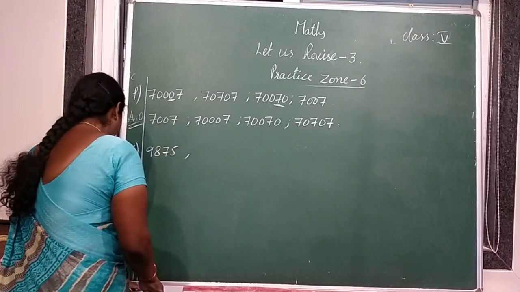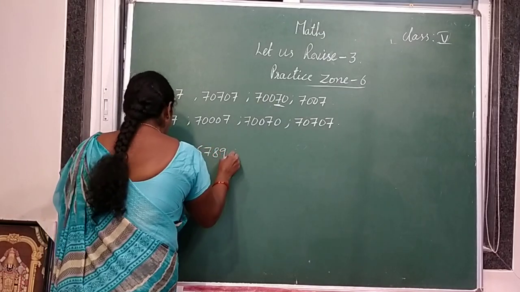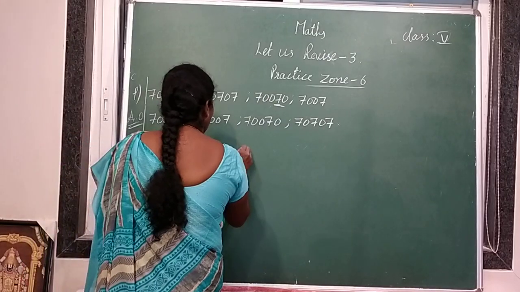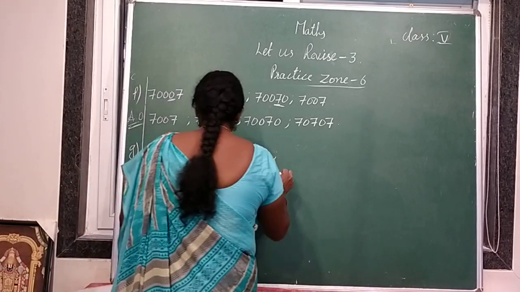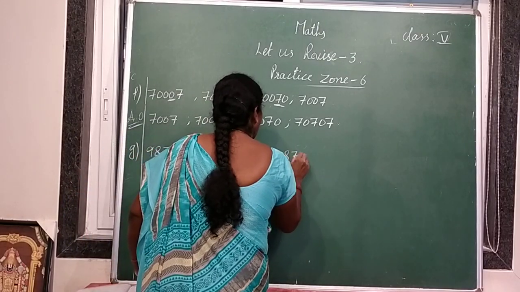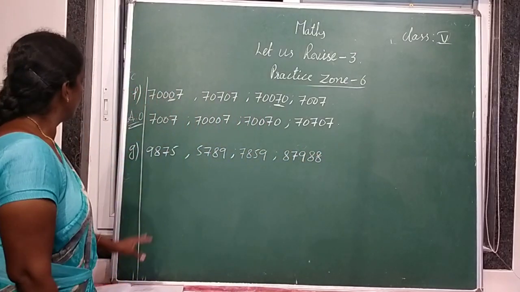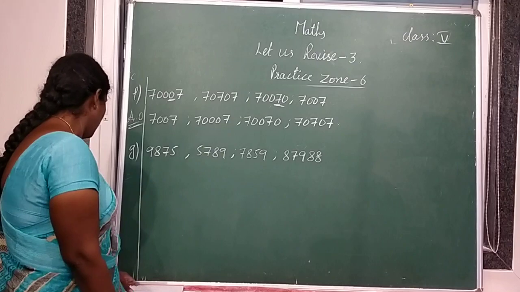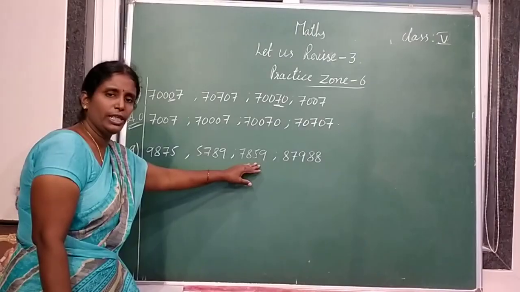9,875. 5,789. 7,859. 87,988. So which is the smallest number? This is 4-digit number, 4-digit number, 4-digit number.